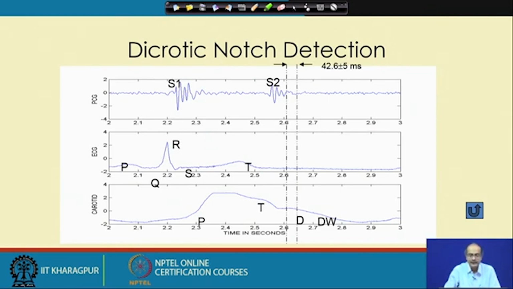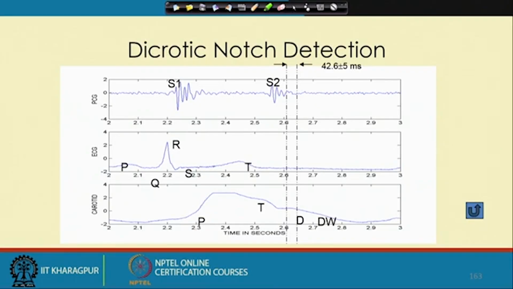Next, there could be some constriction. For example, if there is some stenosis, that means the arteries are getting narrowed, so that will increase the noise. If the valves which help in the unidirectional flow of blood from one chamber to the other, or from the heart to the artery, are not operating properly, for example not closing properly, there would be a leakage, a backflow of the blood, and that will give rise to noise.